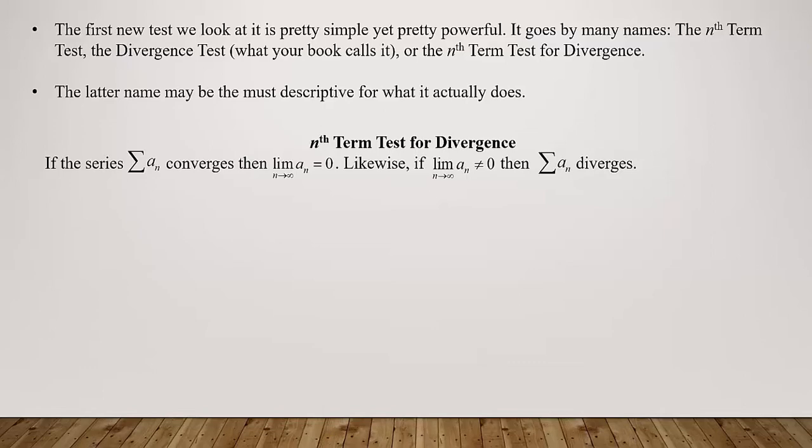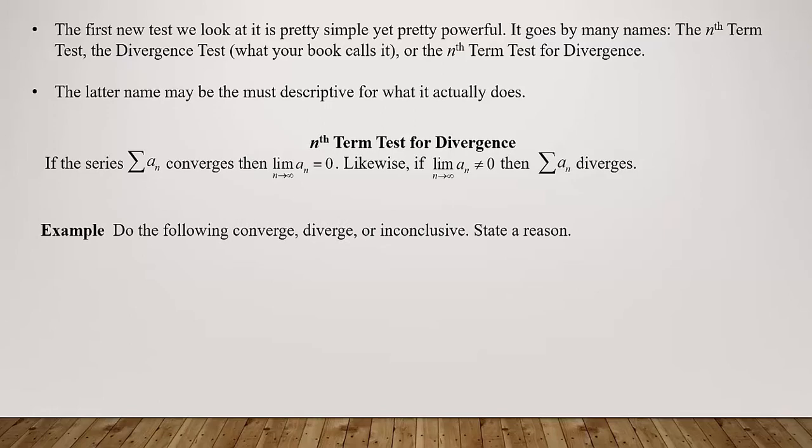It just means the series is a candidate to converge. So make sure you understand the Nth Term Test. That's why I say I think calling it the Nth Term Test for Divergence is maybe the best name for it, because it's very descriptive. It tells you what it does.